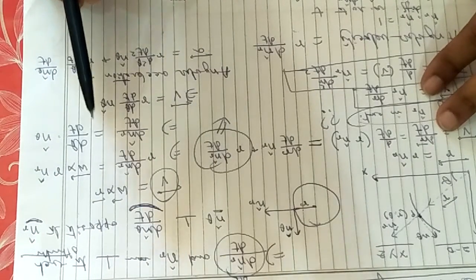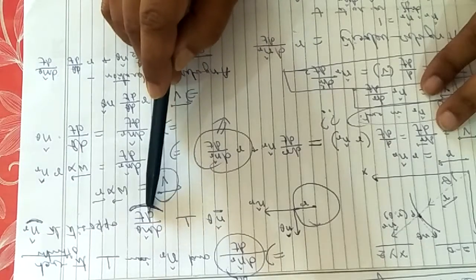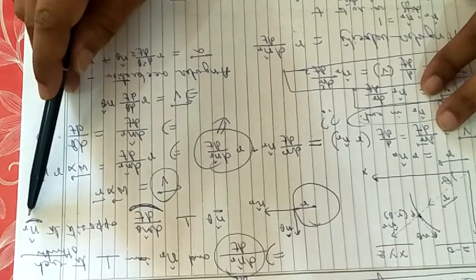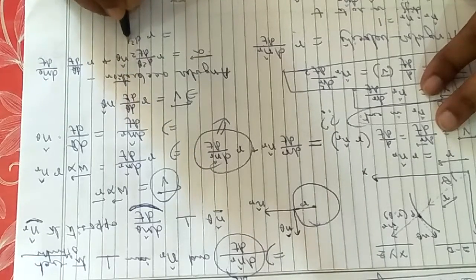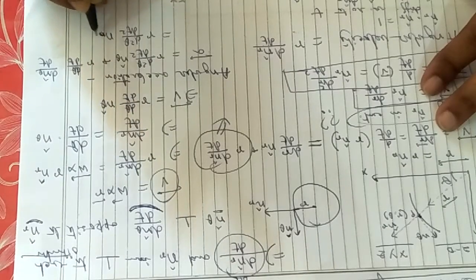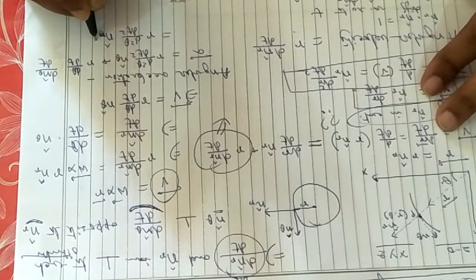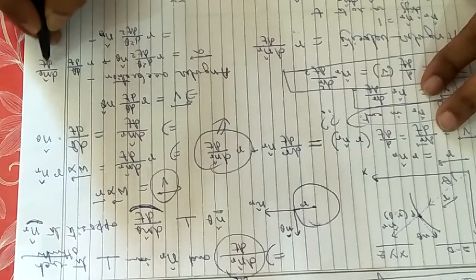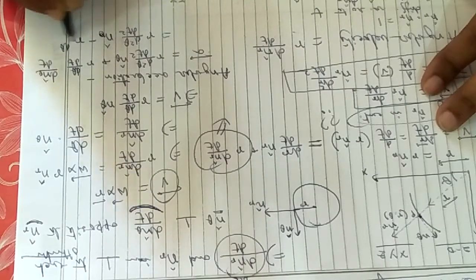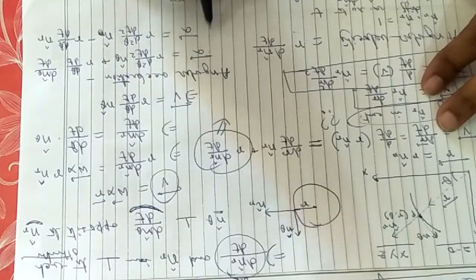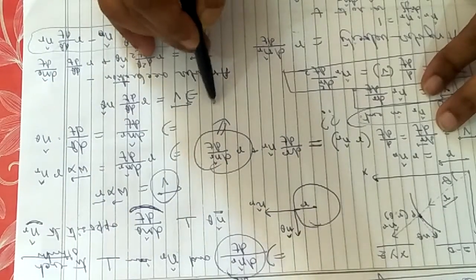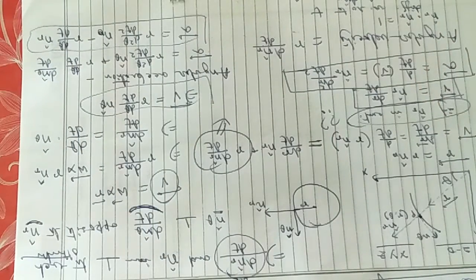As I already told, if you ever find d n theta cap dt, instead of that you can write minus nr cap, because these are opposite to each other. So finally you are getting r d2 theta dt2 into n theta cap minus r d theta dt into nr cap. This will be the value of acceleration, and this will be the value of velocity.